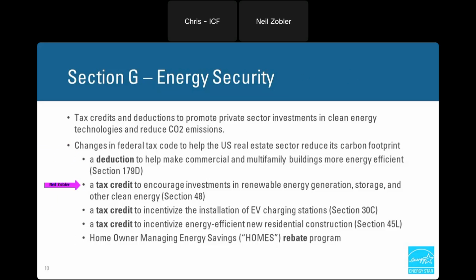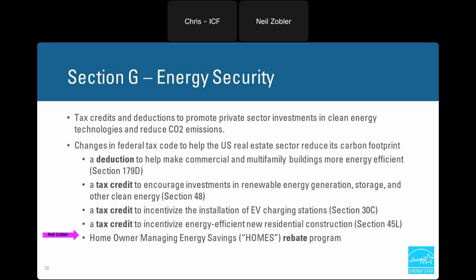Providing tax credits to encourage investments, that's Section 48. Tax credit to incentivize EV charging stations, and a tax credit to incentivize energy efficiency and new residential construction, 45L, as well as the homeowner managing energy savings rebate program.